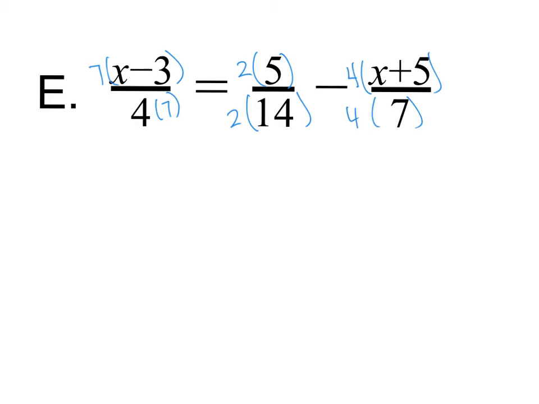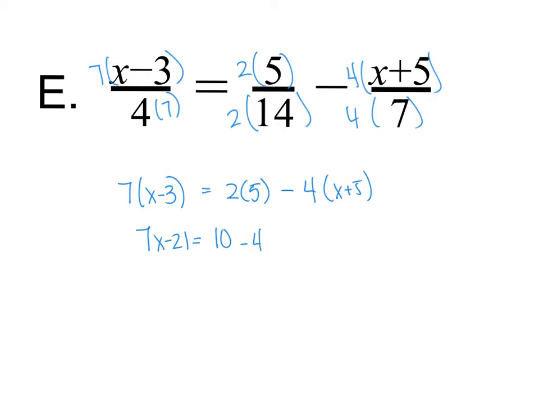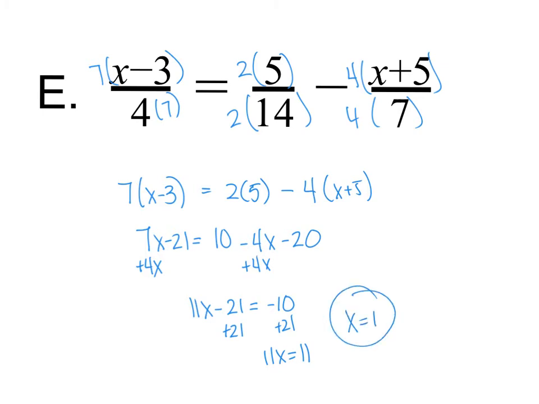So I'm going to drop my bottoms, and I have 7 times x minus 3 equals 2 times 5 minus 4 times x plus 5. So I have 7x minus 21 equals 10 minus 4x minus 20. So 11x minus 21 equals negative 10, plus 21. 11x equals 11. X is going to be 1.